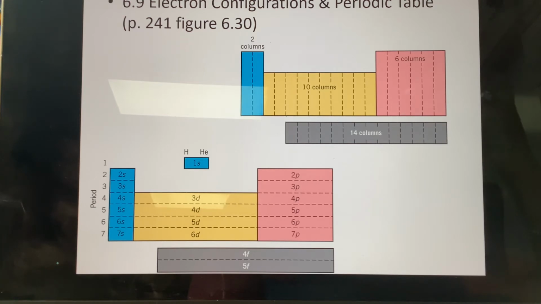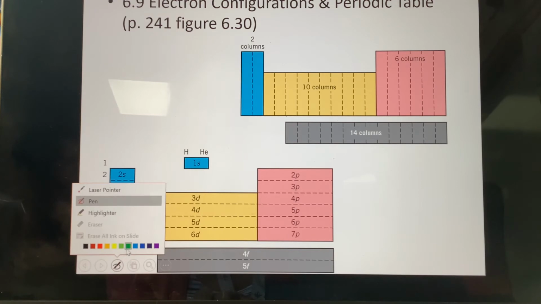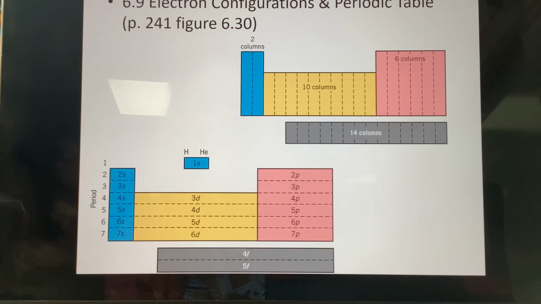Now, the only place that it really gets tricky, and honestly on the AP exam, they're not going to ask you anything with lanthanum or actinium. Let me get my little marker going again here. So here we have lanthanum, and here we have actinium.